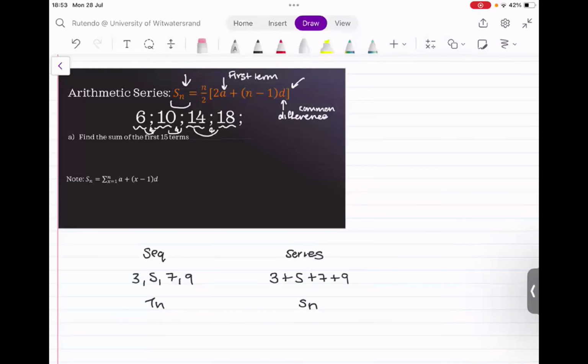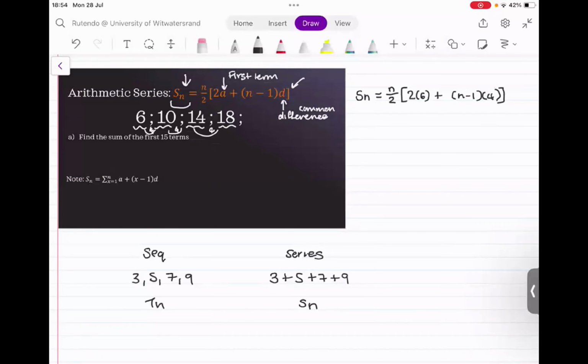Now my equation, if I want to find the sum of a certain number of terms: S_n equals n over 2 multiplied by 2 times a, which is 6, plus n minus 1 times my constant difference, 4.